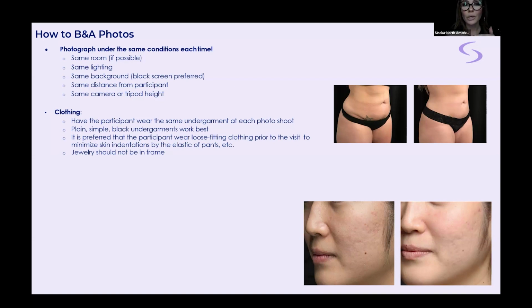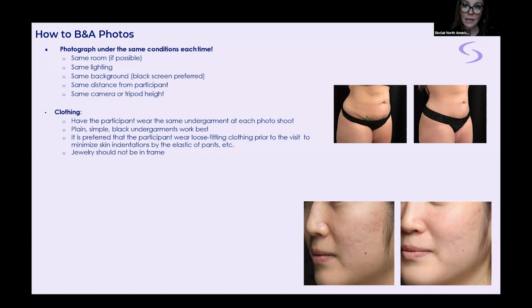You can get disposable underwear if you want. Most of them are not all that great. They're kind of just ill fitting. If you can find a provider that does really nice fitting disposable underwear, great. If not, just tell them, do you have a black thong, little black booty shorts? Wear those every single time that you're coming in.